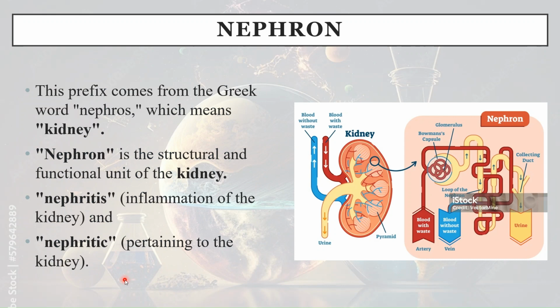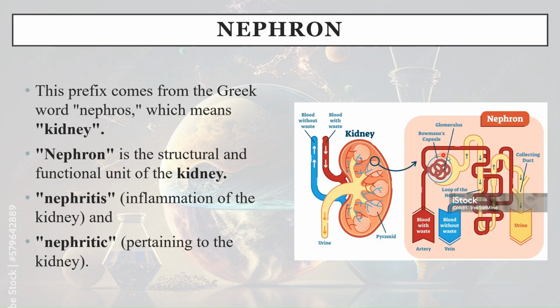The next good example word we are going to study is nephron. Nephro is a Greek word which means kidney. The nephron is the structural and functional unit of the kidney. You can see that the main function of the kidney is filtration.